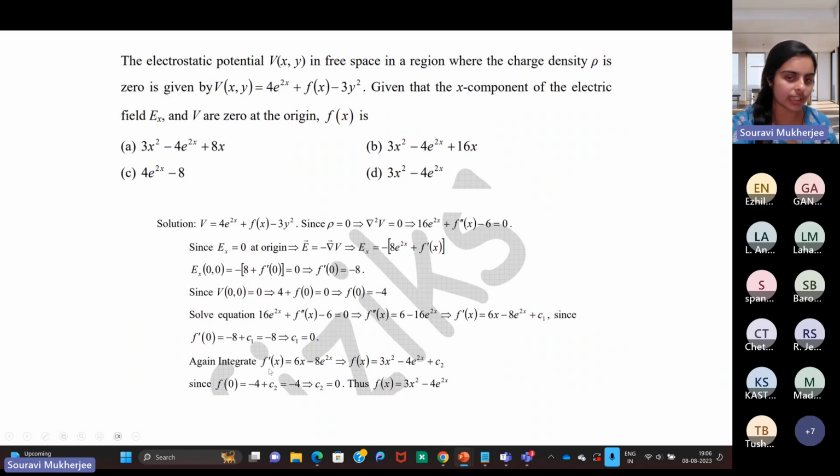Then when you integrate again, you make use of this condition, and that finally gives you the function f of x. Whenever you're looking at questions like this, try to jot down the given information in the question and then use the relations known to you in order to find the unknown. So in this case, your answer would be 3x square minus 4e to the power 2x.